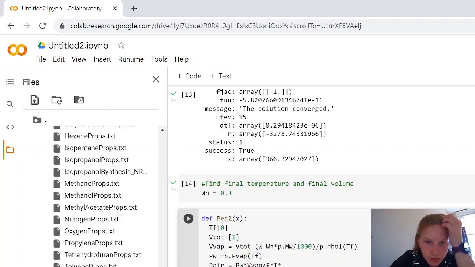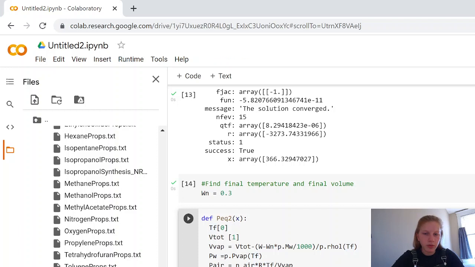Actually, I think I did this one totally wrong. Yeah, sorry, I was moving too fast. This is the PV equals nRT. There we go. And then this one is the number of moles equals PV divided by RT.